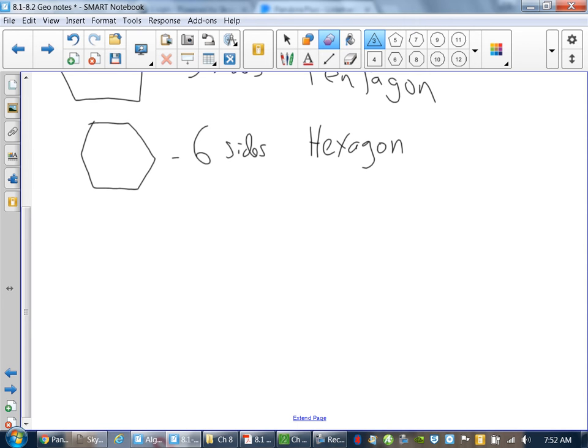Seven sides. Now you probably know it's something different than what they probably teach. There's two names: a septagon and a heptagon. A seven-sided figure is a fun one to draw.